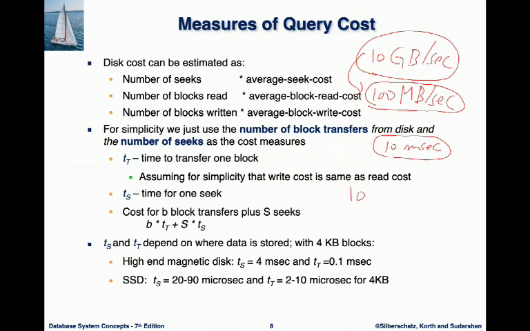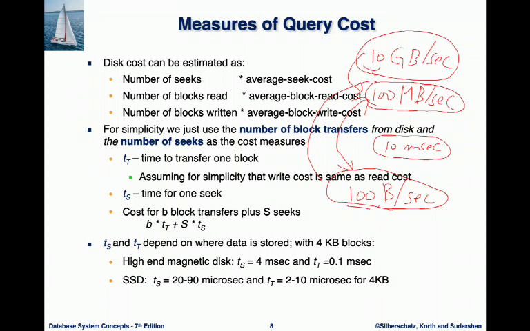In the worst case, if you really read 1 byte at a time per disk seek, you will end up with 100 bytes per second. So the actual speed of the hard drive can be anywhere between 100 bytes per second and 100 megabytes per second, depending on how many disk seeks we are going to have. So the hard drive is much slower than the main memory.